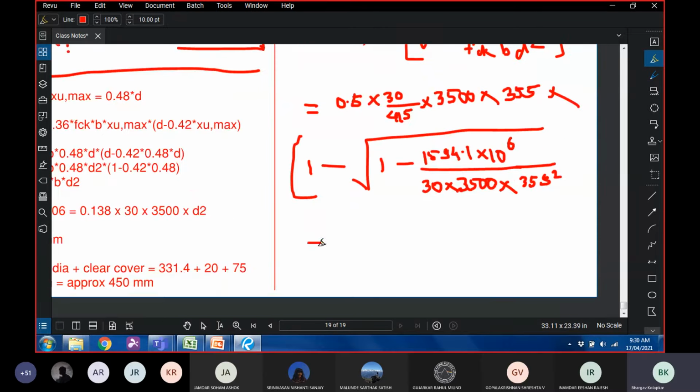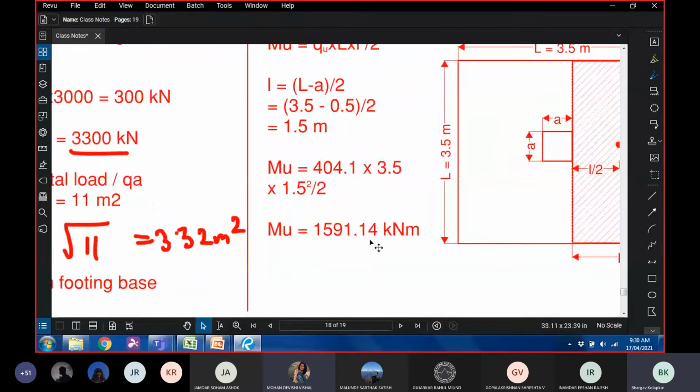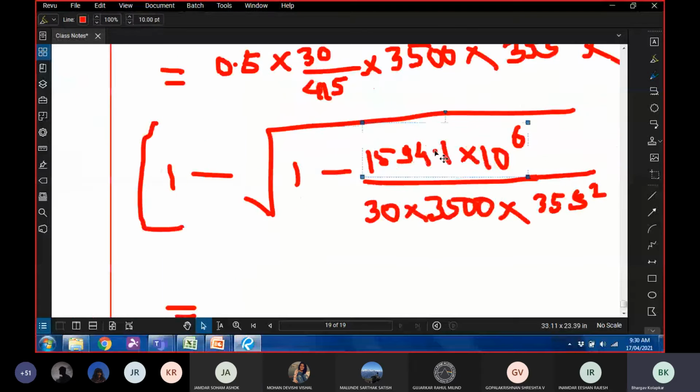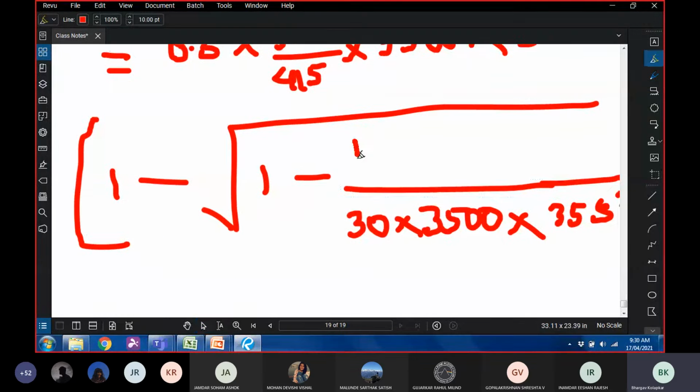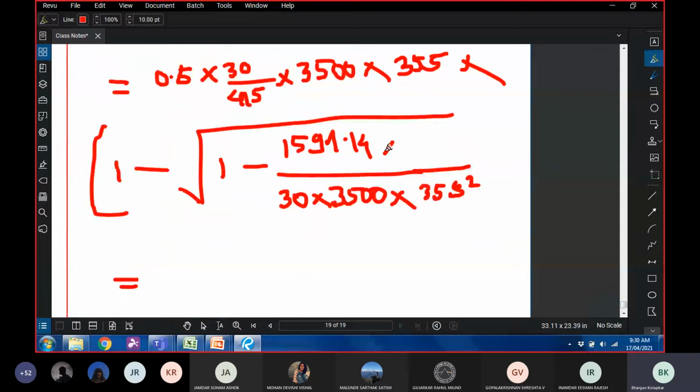Okay, now the task is quickly give me an answer for Ast. Is it 1591.14 Mu? Okay, I'll just check. Yeah, 1591.14 into 10 power 6.